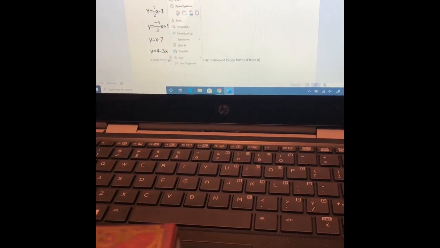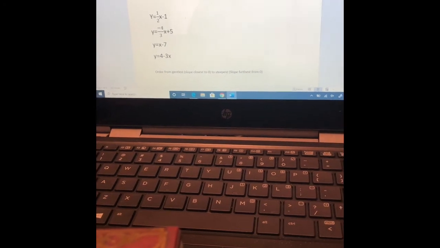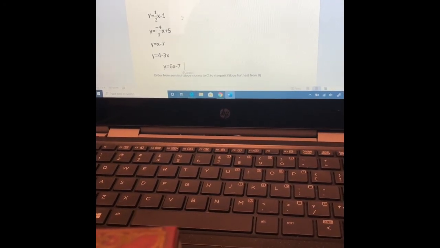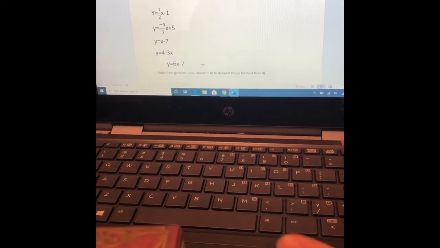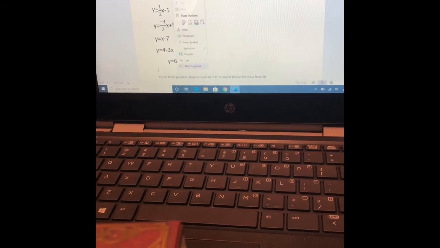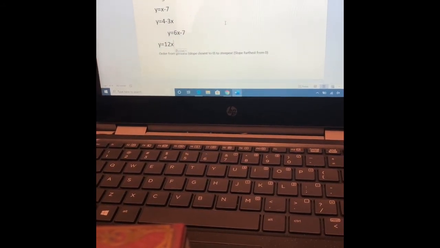Six is next. And finally 12, that's the steepest. So they are now ordered from gentlest to the steepest.